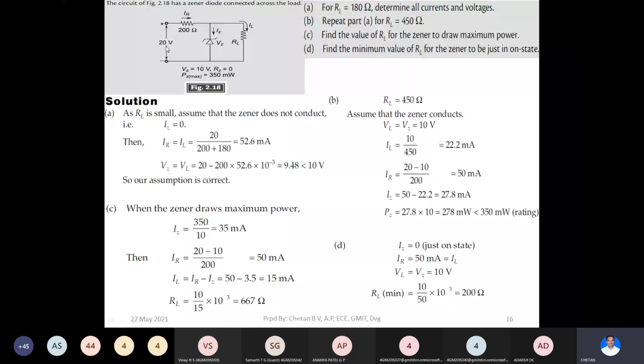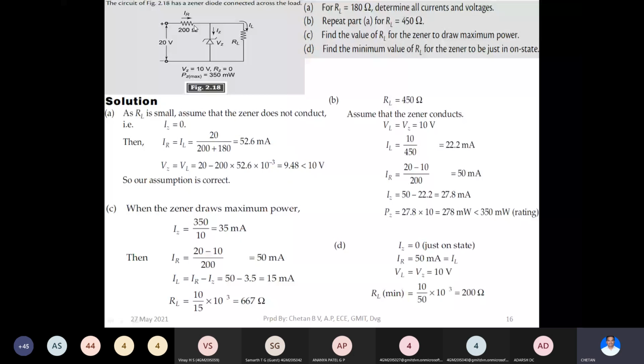So the value of VZ across these two points, as this is open circuit, will be exactly equal to VL.